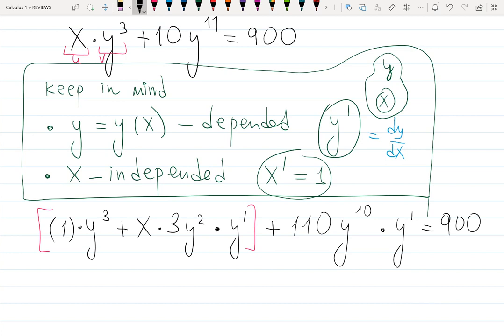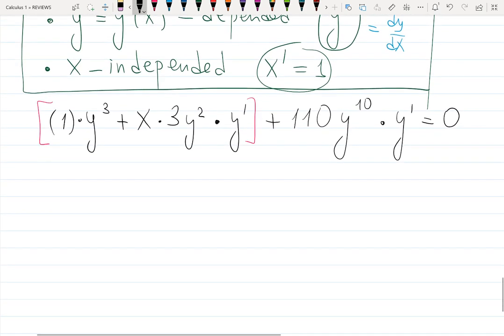True or not? Many students get excited that they finished differentiating the left-hand side, which was challenging, and then they forget that you actually have to differentiate the right-hand side. So don't forget, you have to differentiate 900 as well. The derivative of 900 is 0. Good job if you caught the mistake.